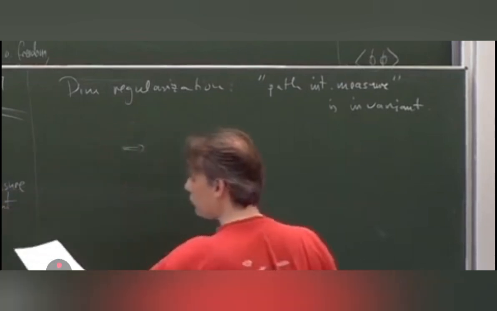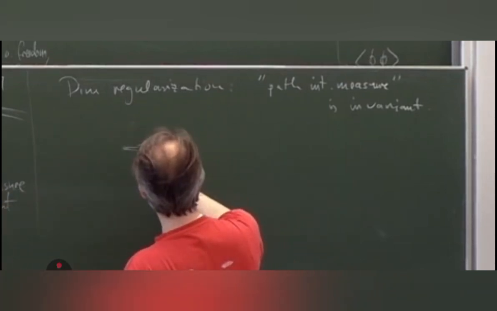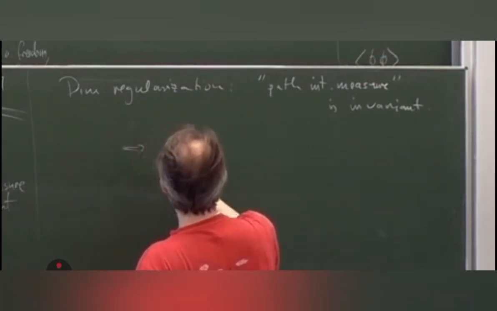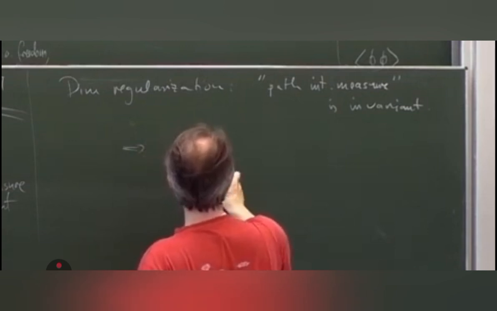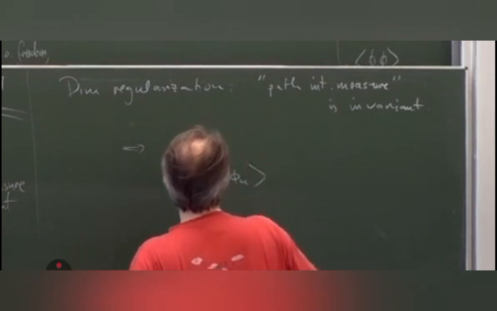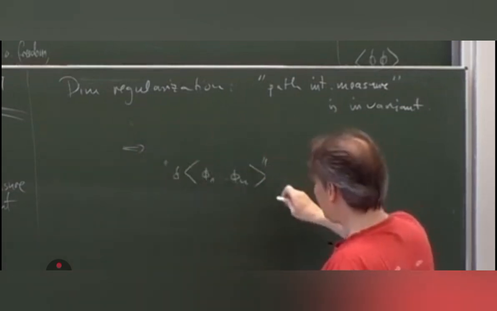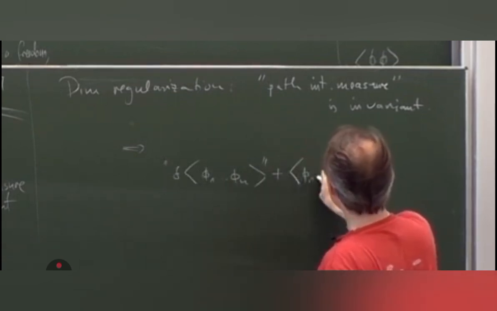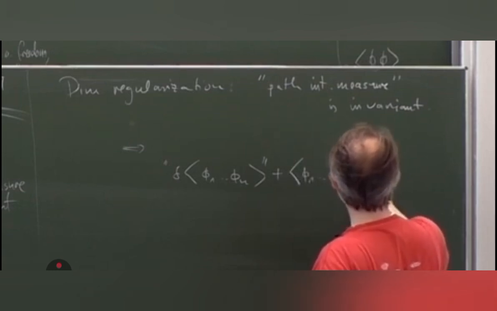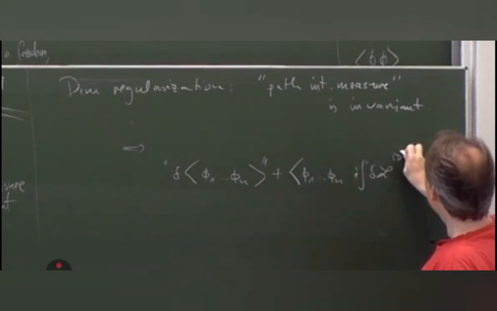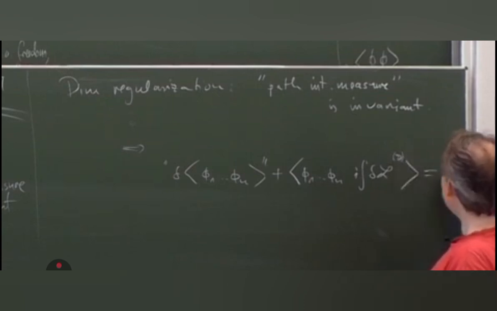It might be non-invariant, but we always get a relationship, namely the corresponding variation of green functions in the same sense of quotation marks, plus the following, phi 1 up to phi n times I times the integral of the variation of the Lagrangian evaluated in d dimensions, that is 0.